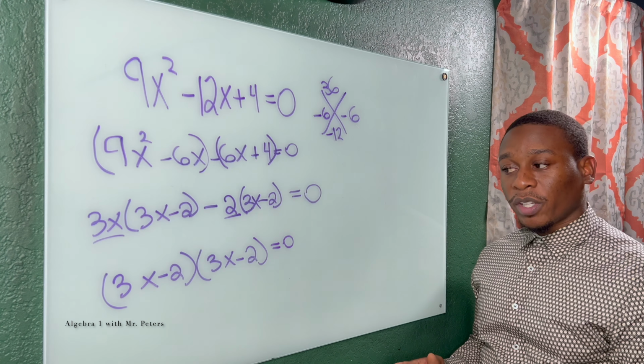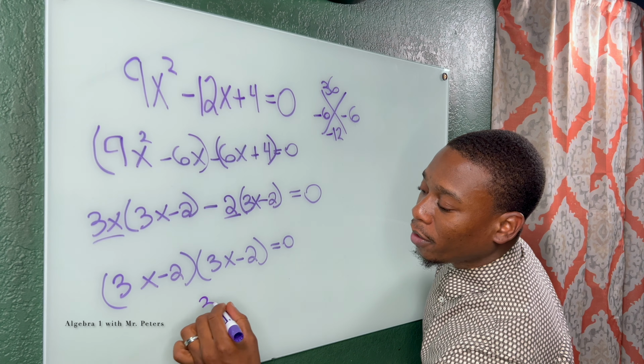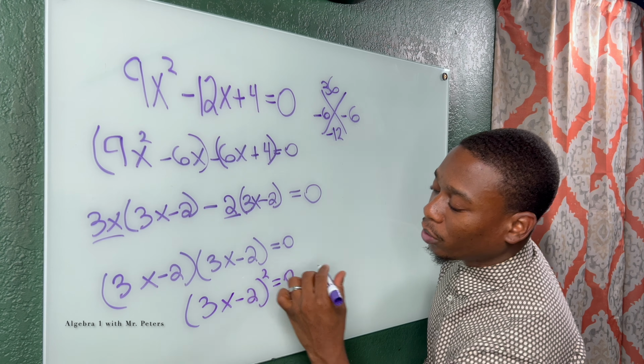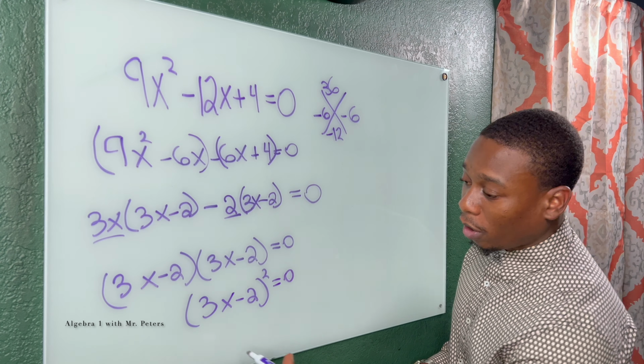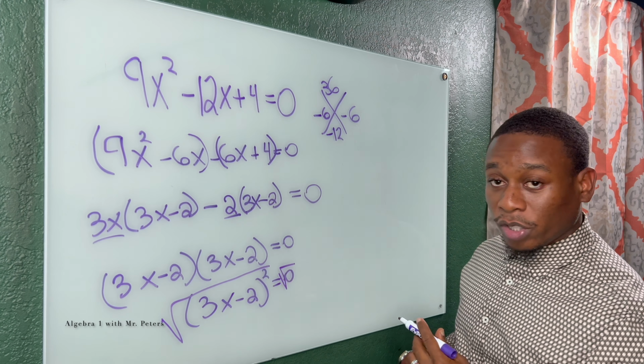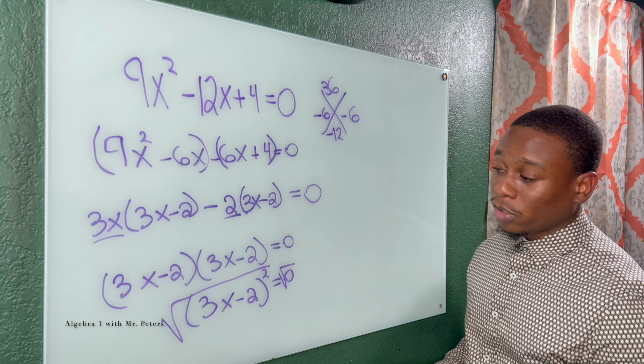So this is a perfect square trinomial. So what we could do is simplify this and say 3x minus 2 squared is equal to 0. And for us to then properly solve, take the square root of this side to get rid of the exponent, do the same thing on the other side. So exponent and radical cancel out.